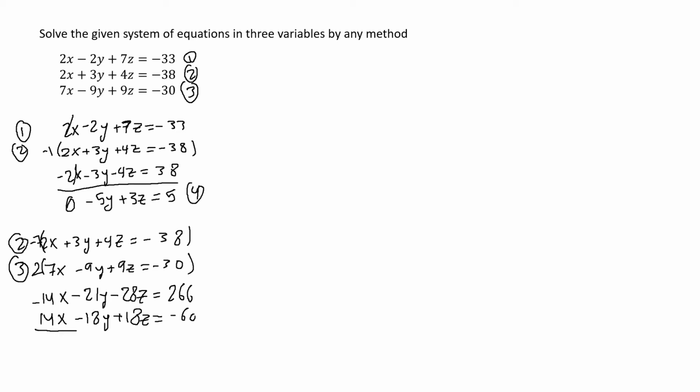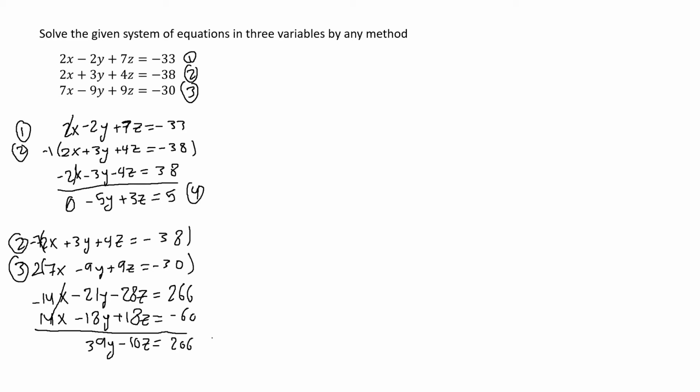And we're going to add these two equations. X is eliminated. Negative 21 minus 18 gives us negative 39y, and then negative 28z plus 18z is negative 10z, and then 266 minus 60 is 206.